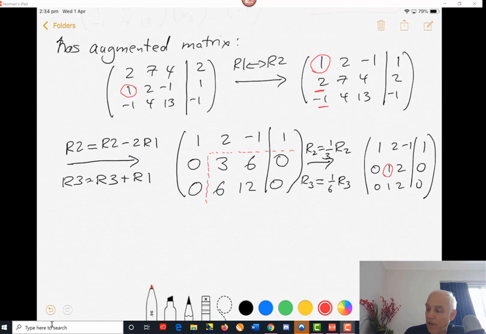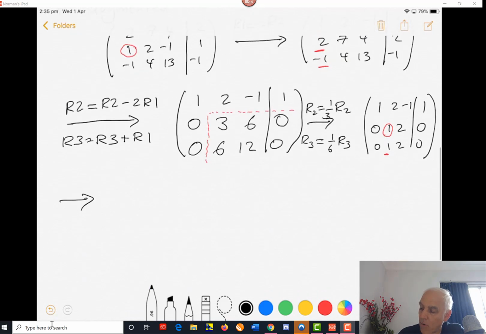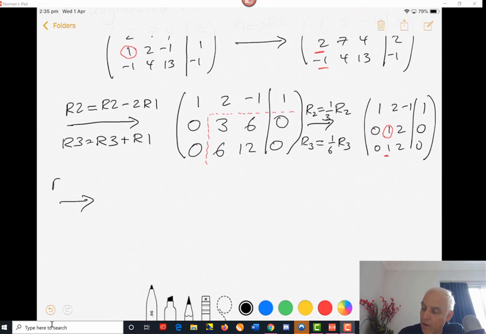Okay? And we can then use this 1 to eliminate everything below it, namely that 1 that's sitting underneath it. Okay. So let's go over here. Okay. So I'm now going to take a new row 3. The new row 3 is going to be the current row 3 minus the current row 2.